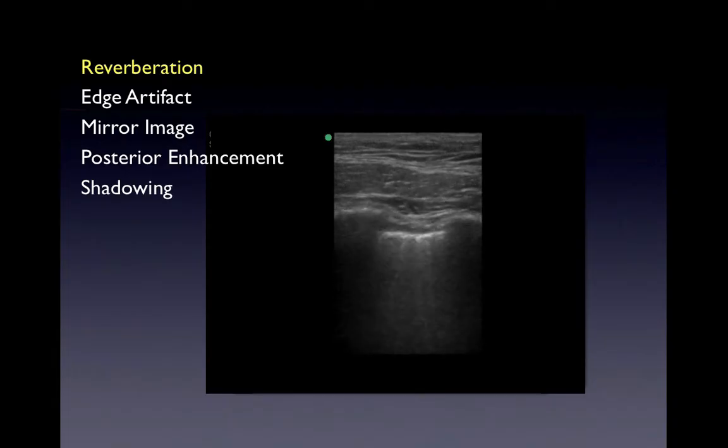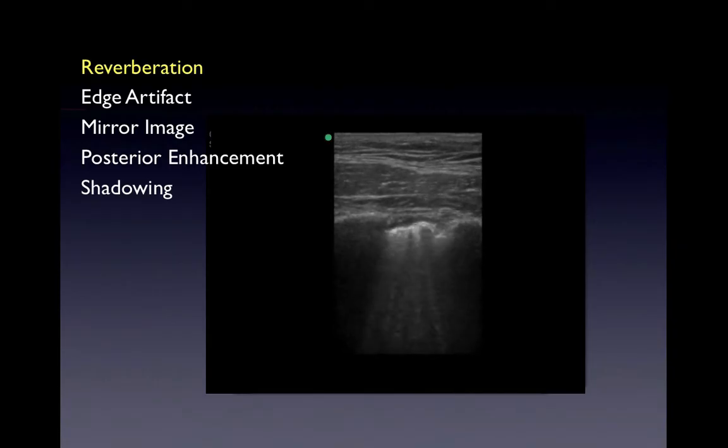So here we're looking at lung sliding. We're seeing a rib with shadow, hyperechoic bright white line, and another rib with shadow. The type of reverberation artifact we're seeing here are B lines. So in a normal lung, the reverberation produces A lines. A lines are equidistant from the actual pleura, and they're horizontal.